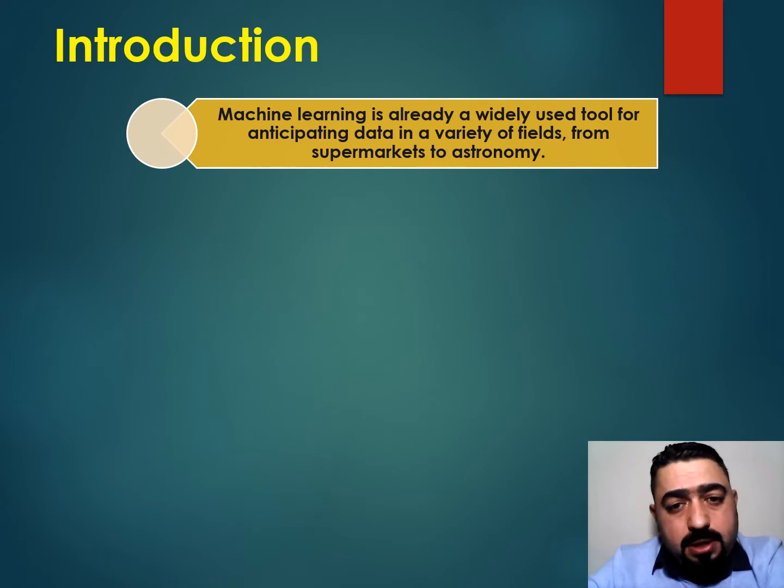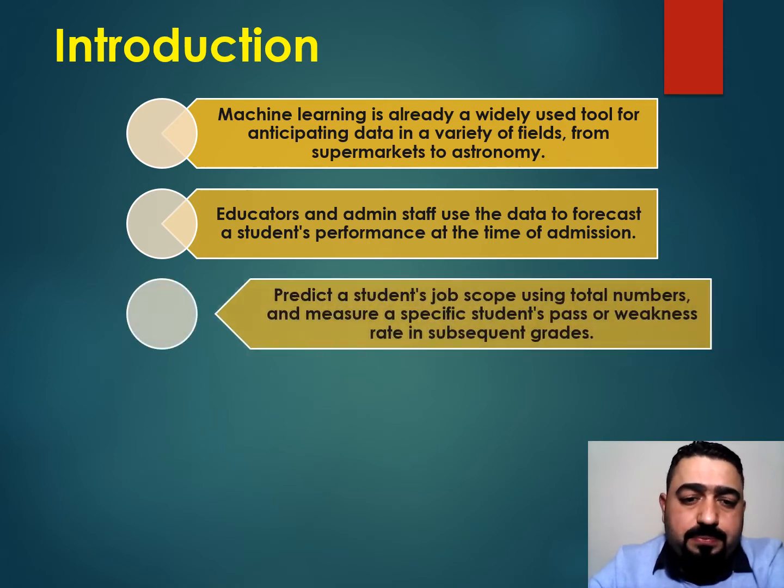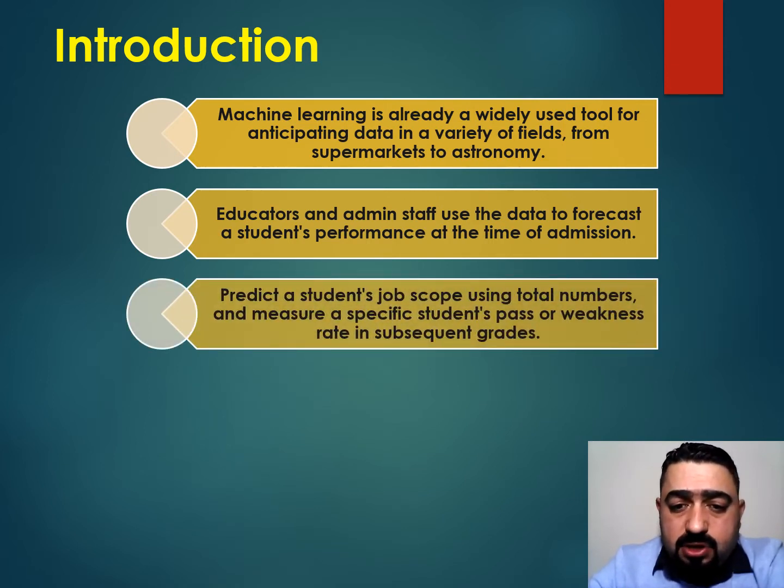Introduction. Machine learning is already a widely used tool for anticipating data in a variety of fields, from supermarkets to astronomy. Educators and admin staff use the data to forecast a student's performance at the time of admission, predict a student's job scope using total numbers, and measure a specific student's pass or weakness rate in subsequent grades.